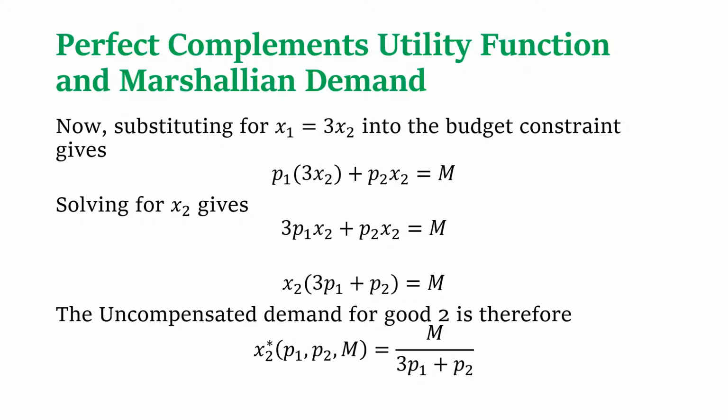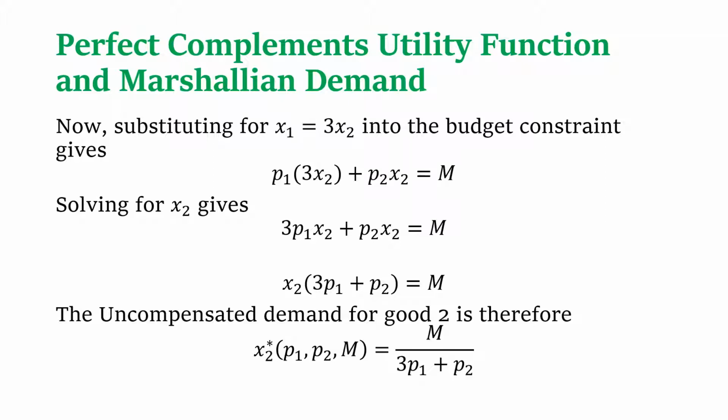If we substitute x1 equals 3x2 into the budget constraint, we're going to have what? 3p1x2 plus p2x2 equals M. And so, if we simplify that, because x2 is common, we factorize, we have x2 times 3p1 plus p2 equals M. If we solve for x2 by dividing both sides by 3p1 plus p2, that gives us x2 star of p1, p2, M equals M over 3p1 plus p2.